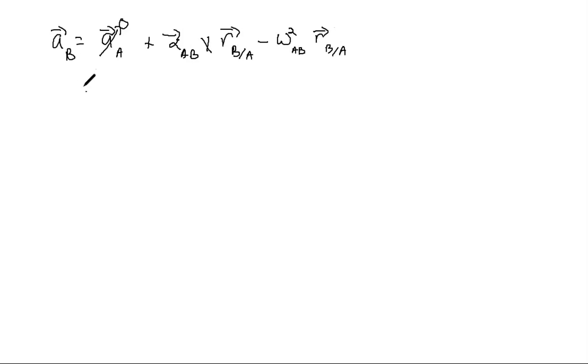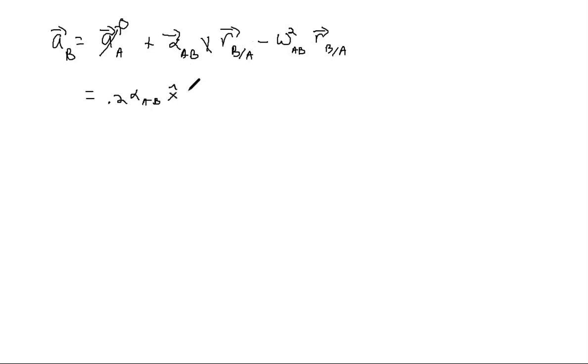I'm just going to say that this equals alpha AB, I don't know that number yet, z hat, and R BA points from A to B, that's the negative Y direction. So this is going to be this times 0.2 times z cross negative y hat. Z cross y hat is negative x hat, so that's going to come out to be a positive x hat, double negative.